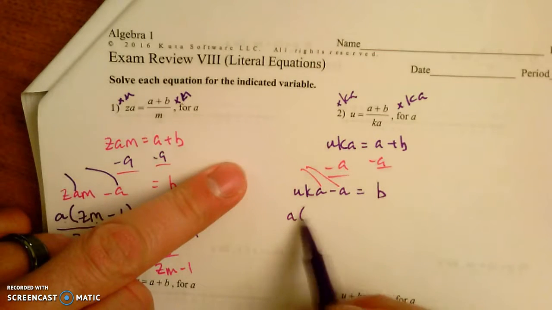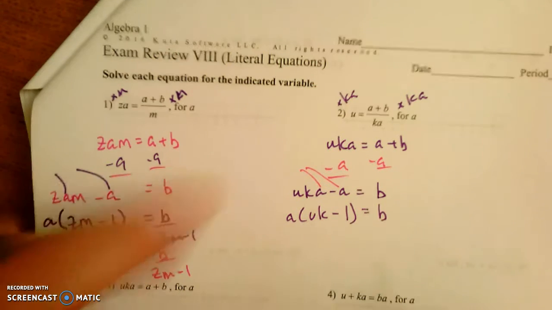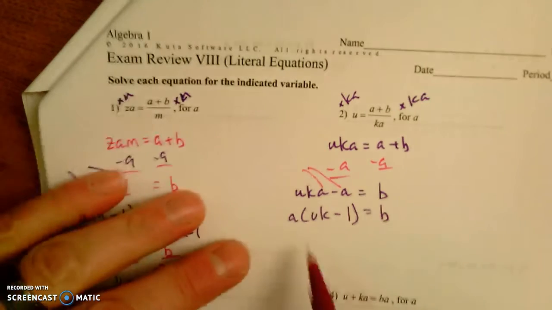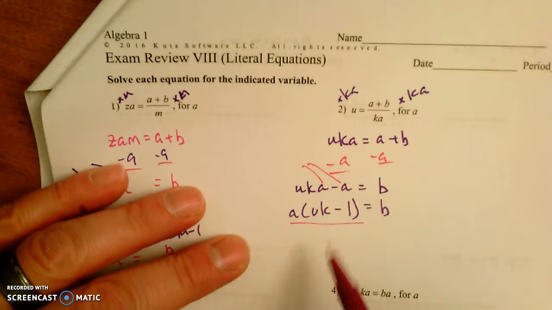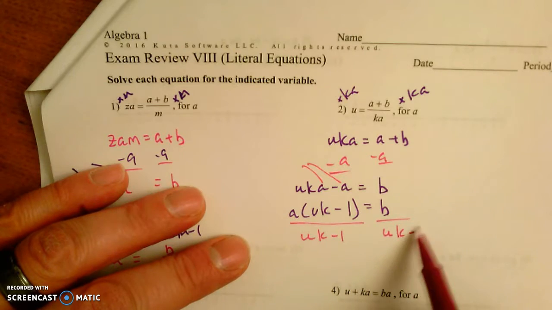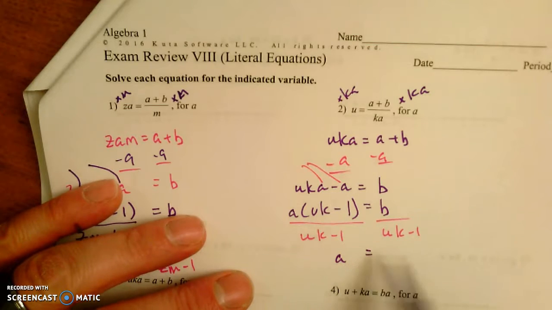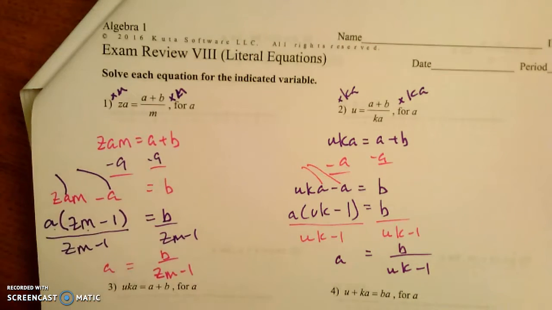And we get a times uk minus 1 equals b. And then we're going to divide by the thing that a is multiplied by, uk minus 1, on both sides. That's going to leave us with a equals b over uk minus 1.